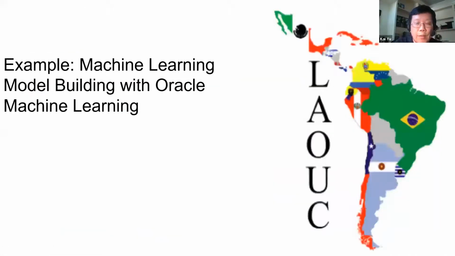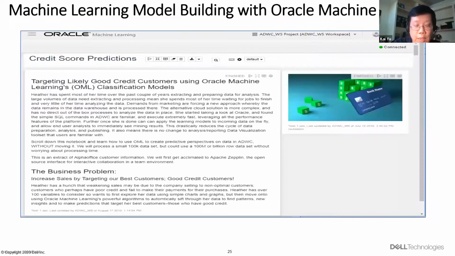Okay, so those are some of the tools. Now I will spend the next probably 10 minutes showing how we actually do this. This is an example that you can do. This example is in GitHub. I have the link here. It's one of the labs used to show machine learning.